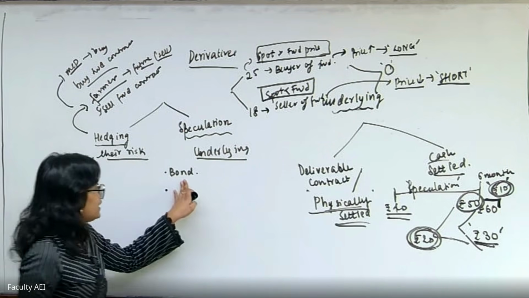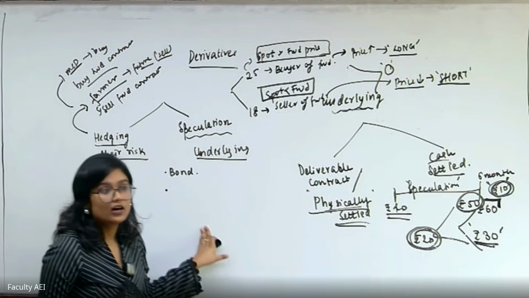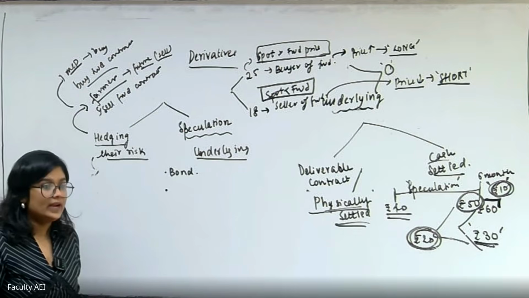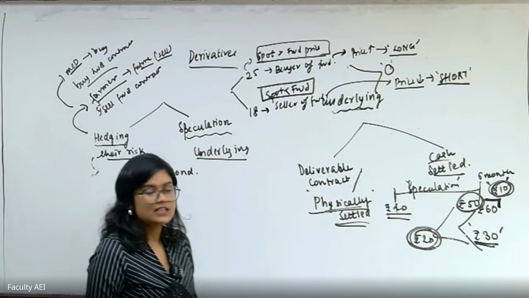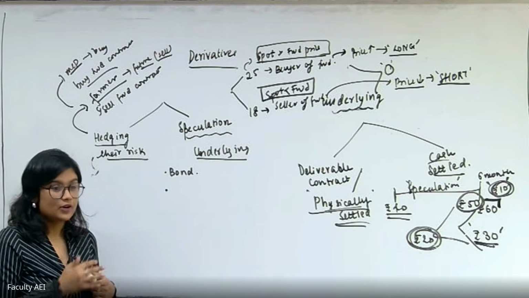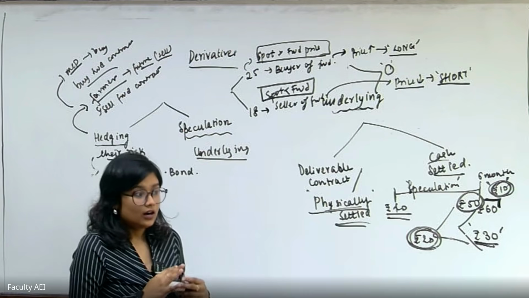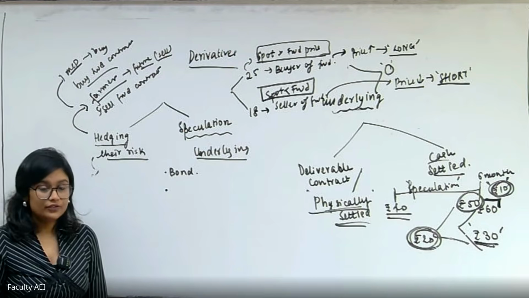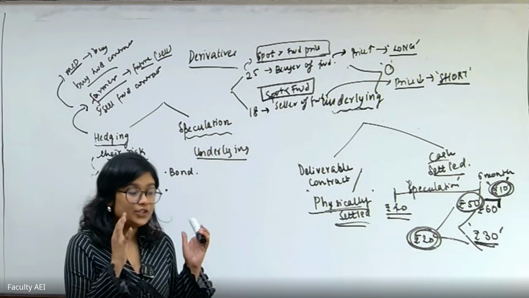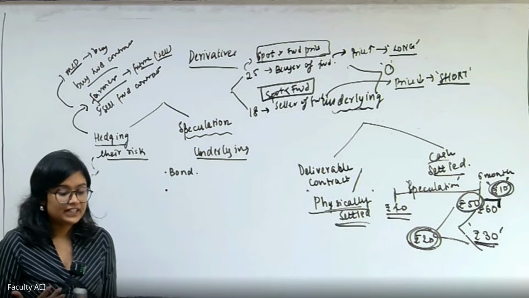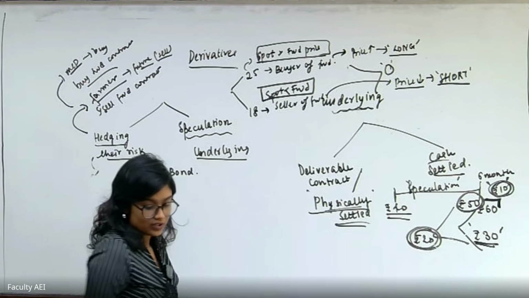So you can enter into a forward agreement with a person that, okay, after 10 years I would be buying this bond from you at so and so price. This is the price I would want to lock in for buying the bond. So you basically keep this bond in your inventory for me for 10 years.